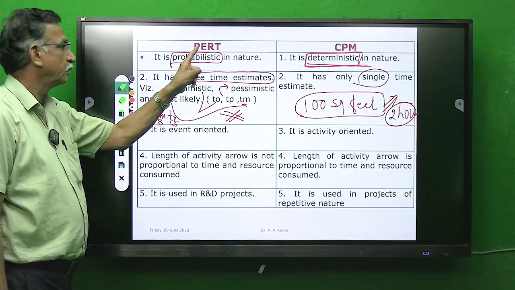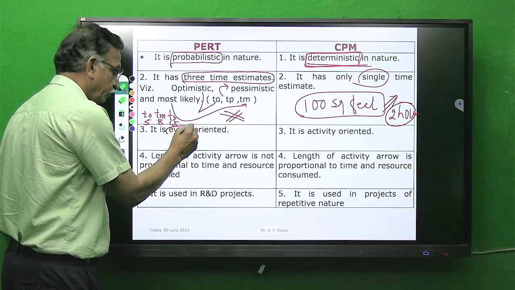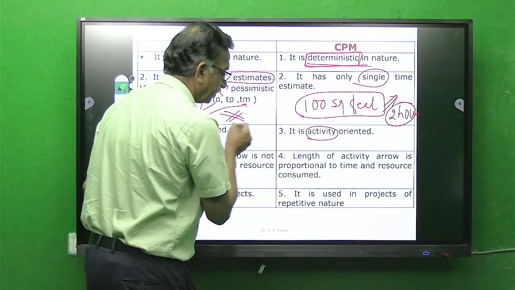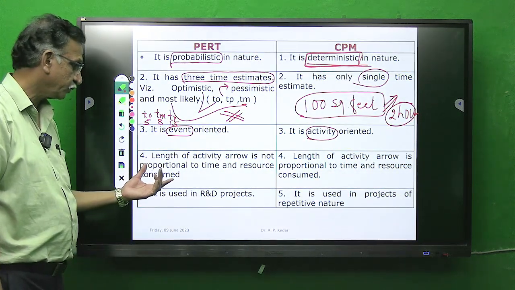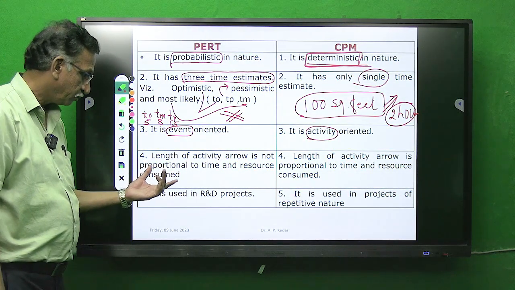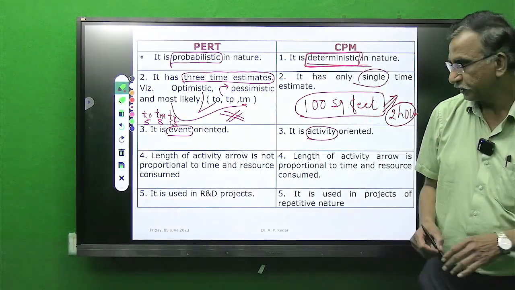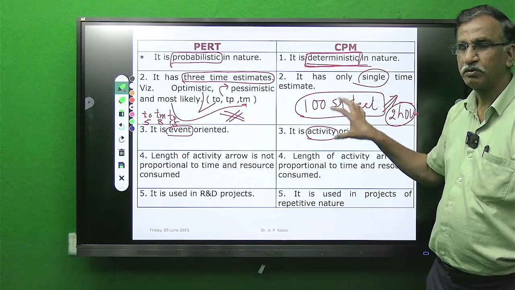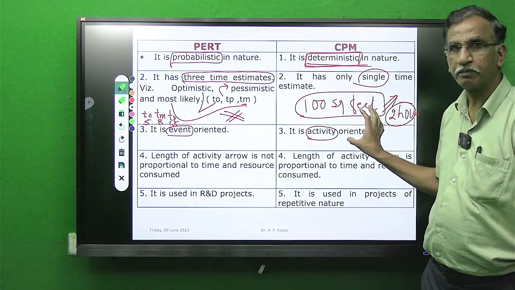Probabilistic nature, PERT is referred to as event oriented, whereas CPM is activity oriented, and we have seen what we mean by event and activity. To draw on paper, the length of the activity arrow is proportional if it is a deterministic CPM project.